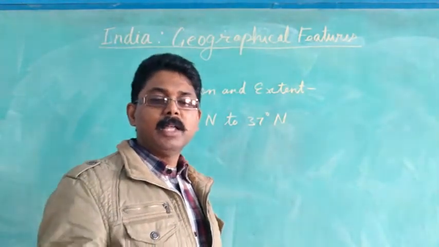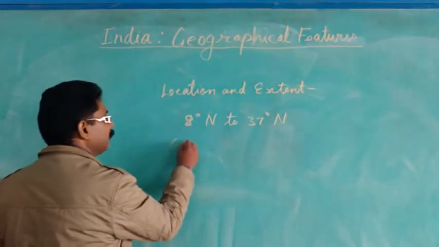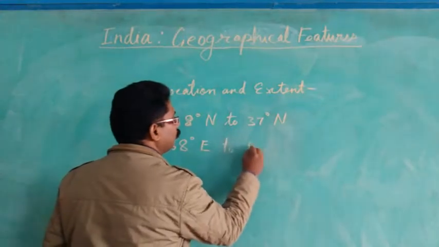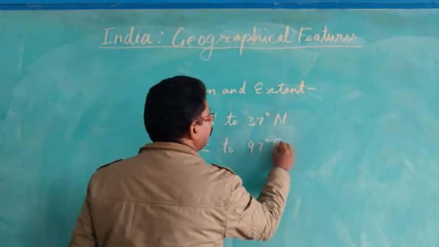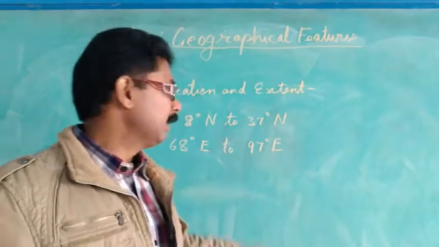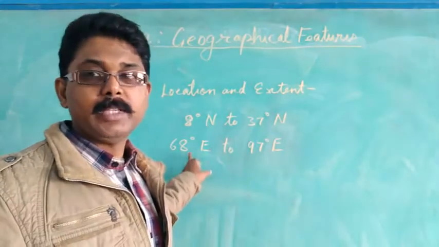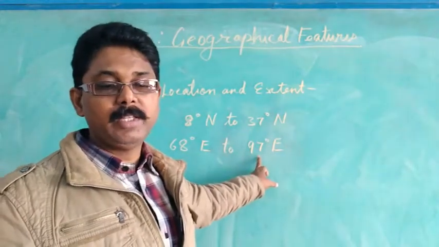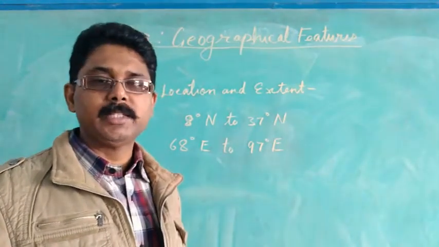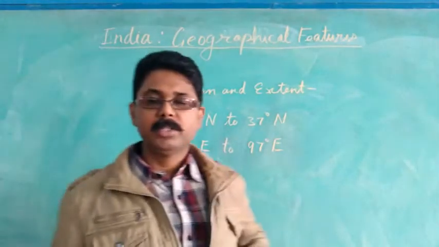Next is the longitudinal extent, and it lies between 68 degree east to 97 degree east longitude. So our country lies between 68 degree east and 97 degree east longitude. This is known as the longitudinal extent. So this is the latitudinal and longitudinal extent.